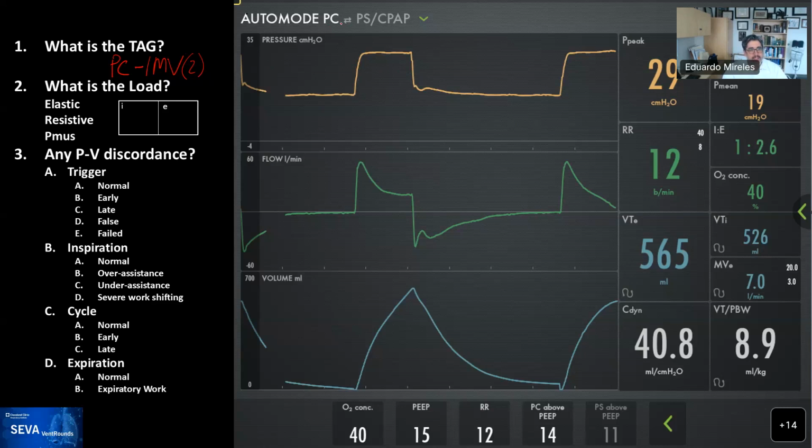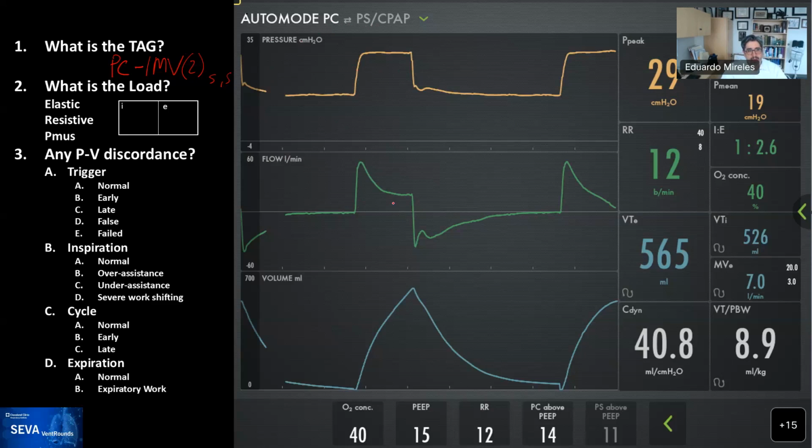And the targeting scheme, because this is pressure control and this is pressure support, it's essentially set point. So just as the fellows in the room and Ariel had outlined. So great job there.